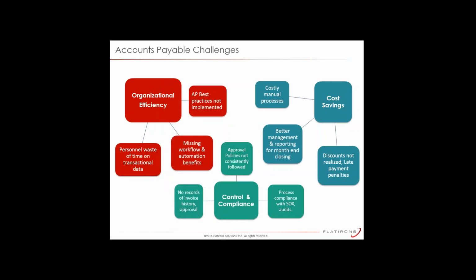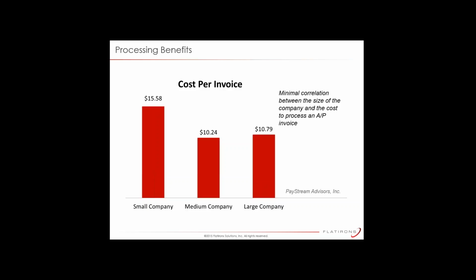But let's get into accounts payable challenges. We all know we're expected to do more with less, and that there's more and more control that's required, from the industries as well as from regulators. AP has been studied quite a bit. Regardless of the size of the company, it's expensive. It does take a certain amount of time and personnel and resources to process invoices. It doesn't necessarily go down when you get larger.